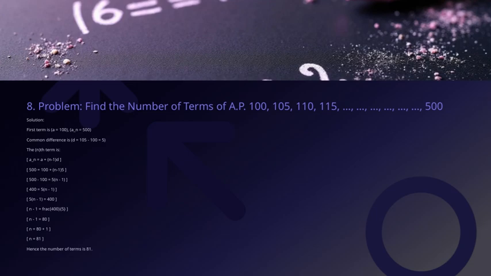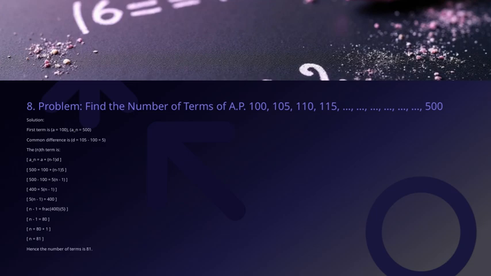Multiplying both sides by 5 gives us 5 times n minus 1 equals 400. Rearranging, we have 400 equals 5 times n minus 1. To isolate n minus 1, we can add or subtract as needed, but here, it's clear that 500 minus 100 equals 5 times n minus 1. Simplifying, 500 equals 100 plus 5 times n minus 1.